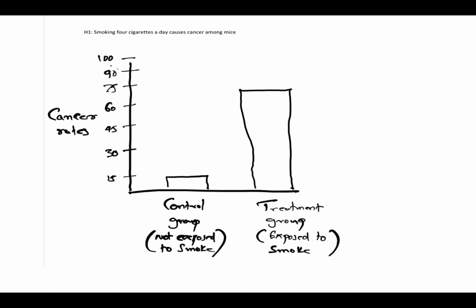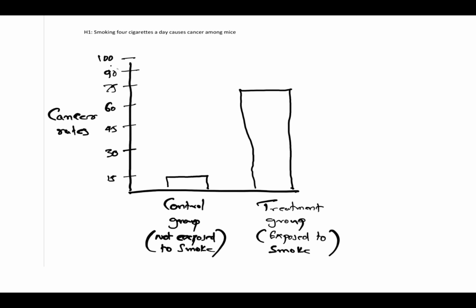So the pictorial representation of this study is a graph. We show the study results. So we have cancer rates from 0 to 100%. The control group only has a 15% cancer rate, whereas the treatment group has nearly 75% cancer rates after the experiment is over.